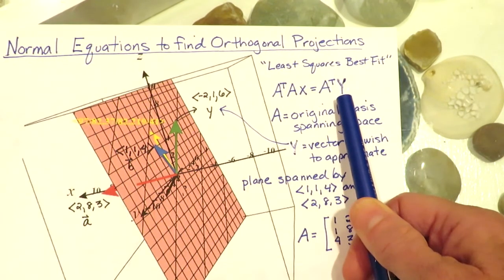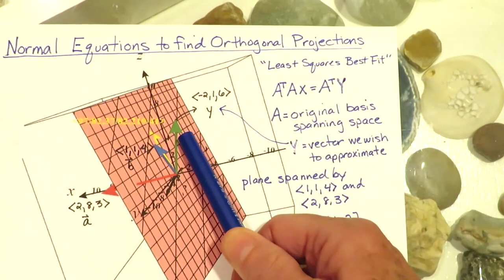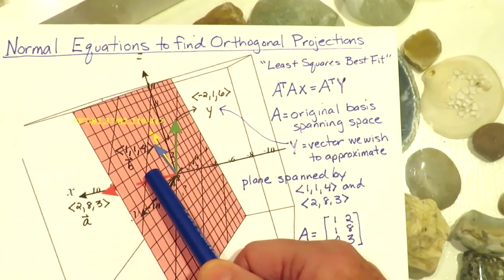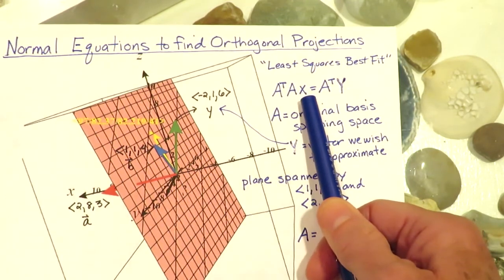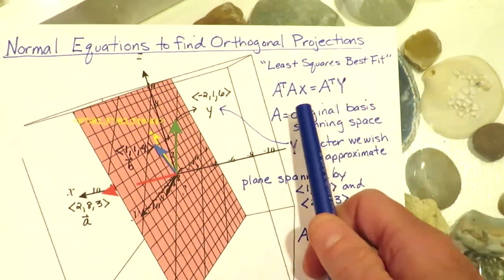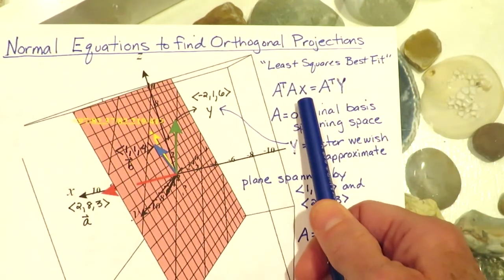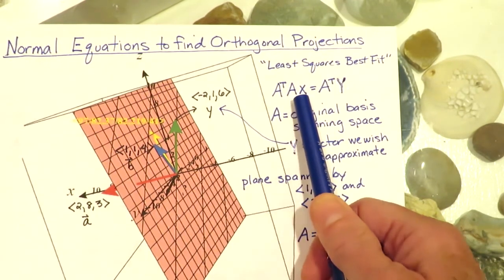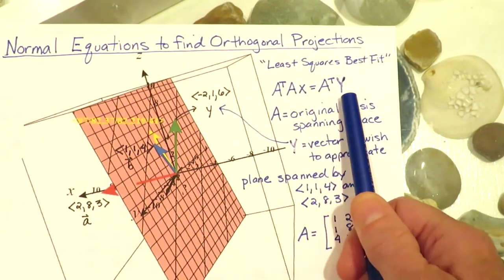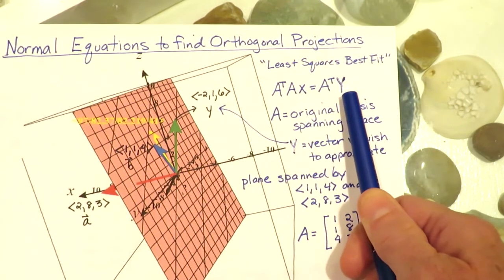Y is what you're trying to approximate. I'm wanting to approach (-2, 1, 6) as closely as possible in this plane. And then X is a solution to this problem. You can think of it as the solution to trying to get A to map something to Y. But we know we're not going to get exactly Y, we're going to get an approximation.